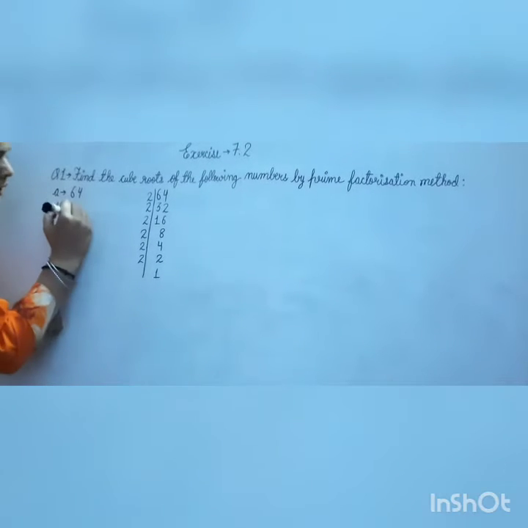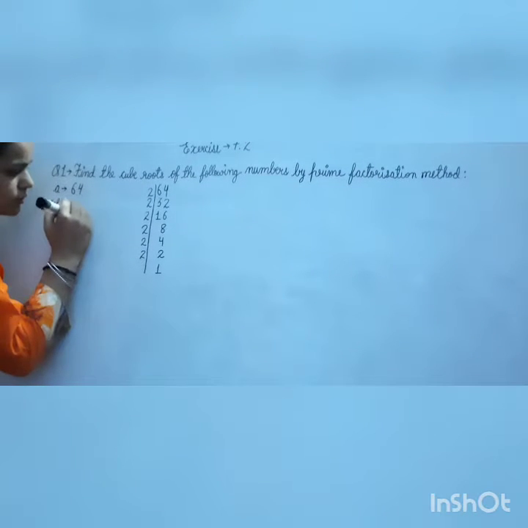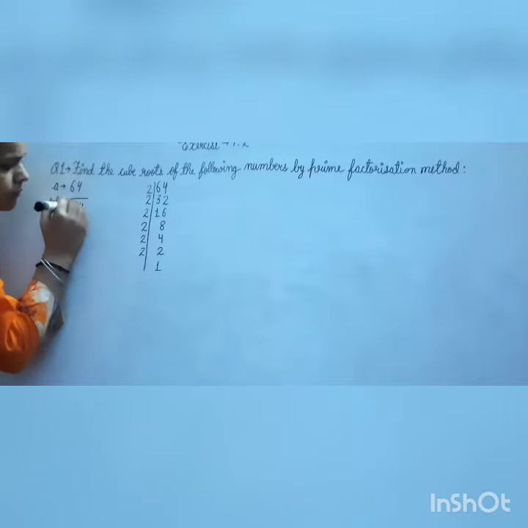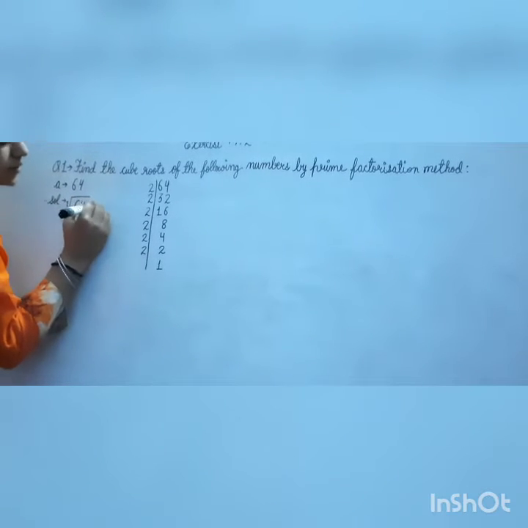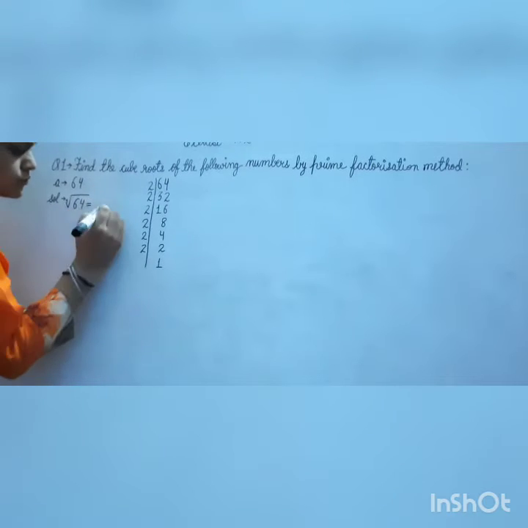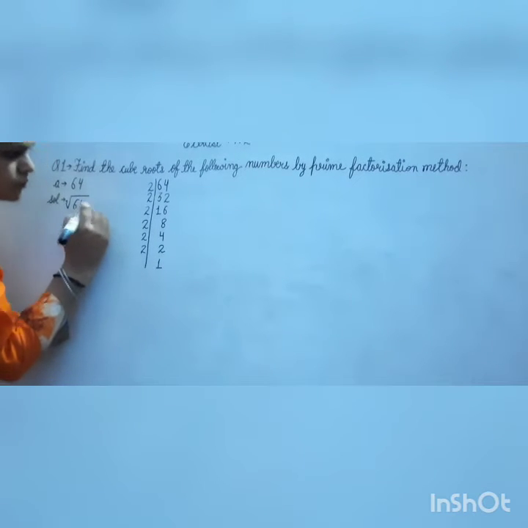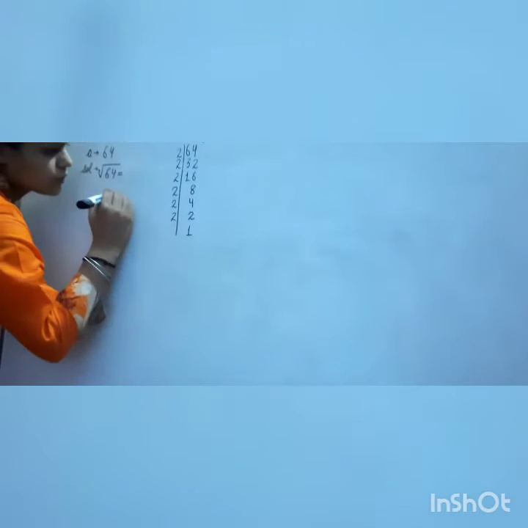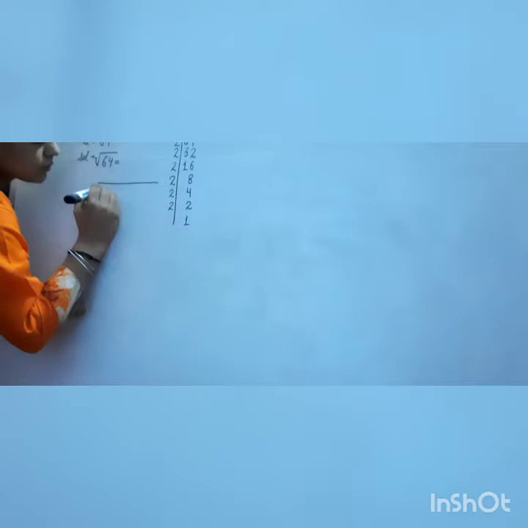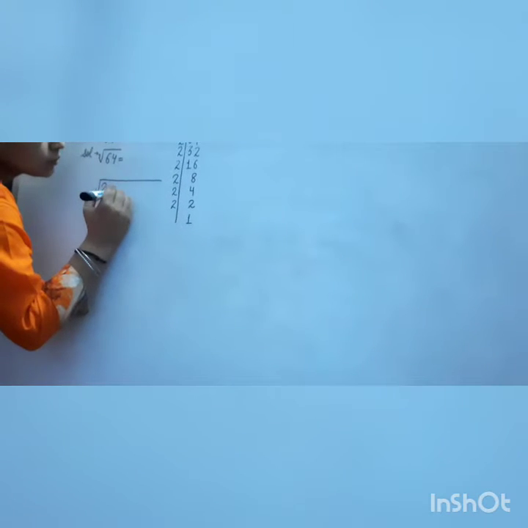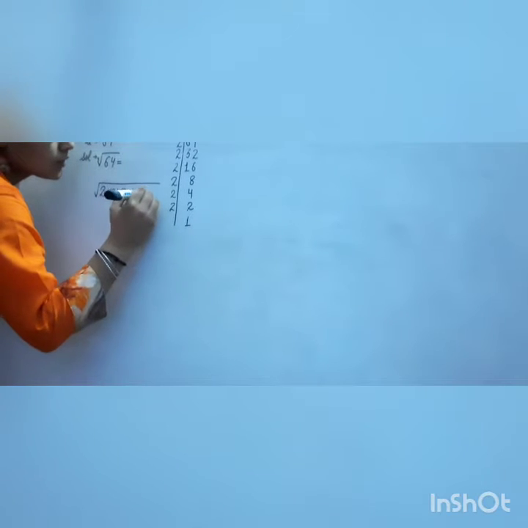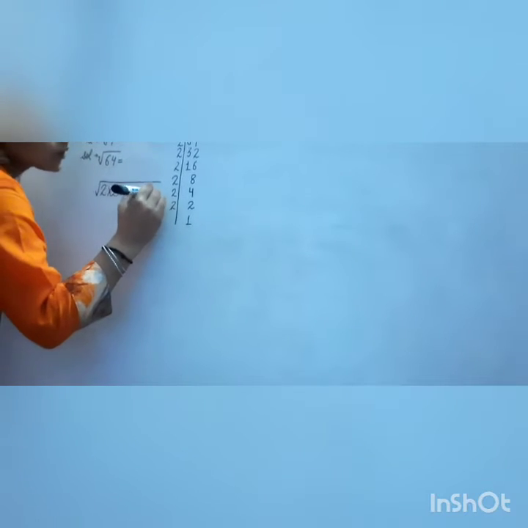Now you have to write root 64 is equals to root 2 multiply 2 multiply 2 multiply 2 multiply 2 multiply 2.